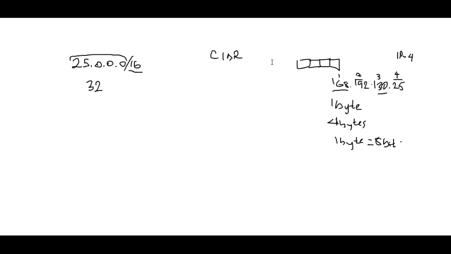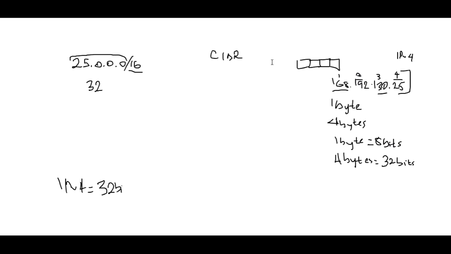If 1 byte is equals to 8 bits, then 4 bytes will be how many bits? 32. 4 bytes will be 32 bits. So in any IP version 4, you have a possibility of how many bits? 32 bits. That's why I got this 32 here.